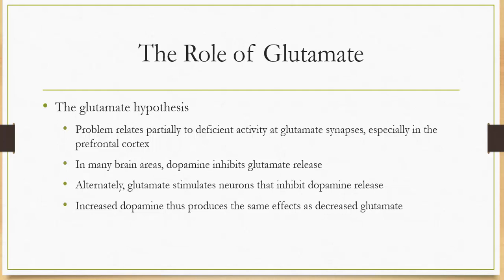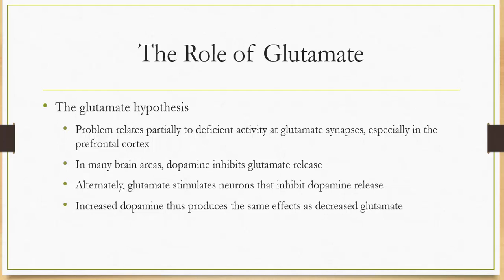So the amphetamines and cocaine seem to be more like the positive symptoms, and some of the effects of PCP are similar to some of the negative symptoms. So they're using both of these theories, an excess of dopamine activity or maybe less activity of glutamate, to explain schizophrenia at the chemical level.